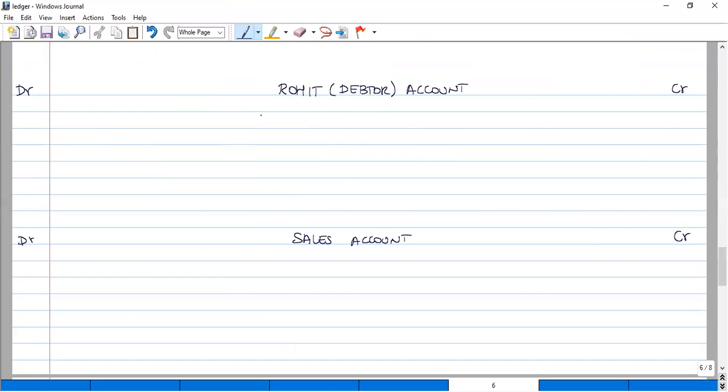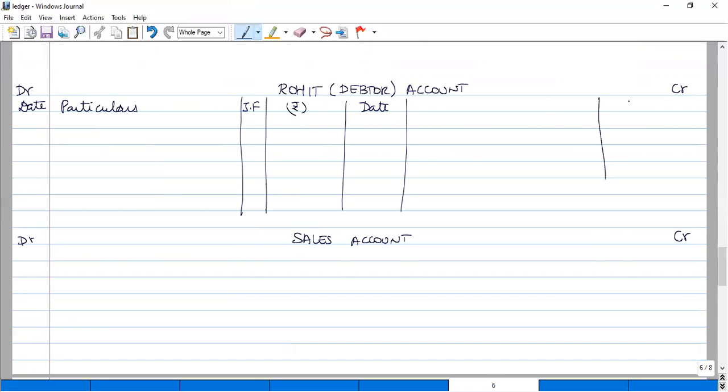Now have the columns written on debit side: date, particulars, journal folio, amount. Same way for the credit side: date, particulars, journal folio, and amount.